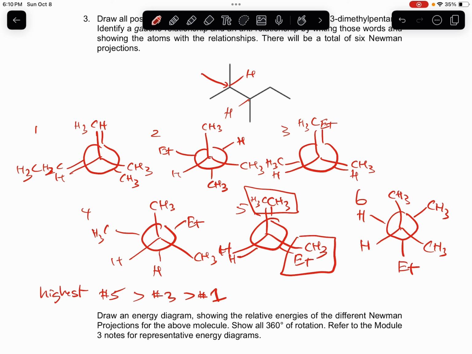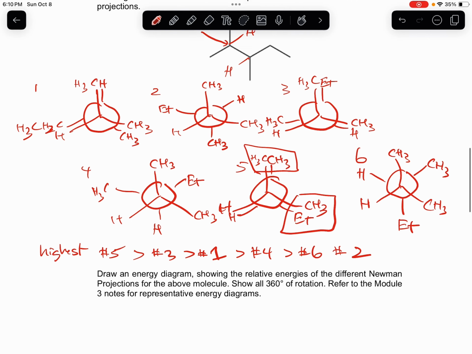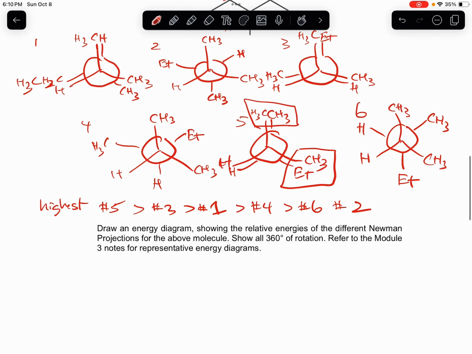Then we have, if we look at the staggered conformations, which one's the highest of these? Well, 4 and 6 all have the 4 alkyl groups with gauche interactions. But if you look at number 4, that ethyl group is in the middle, whereas in number 6, the ethyl is on the side, on the end. So that means that I'm going to put number 4, then number 6, and our lowest is going to be number 2. So this is a situation where I didn't make the highest one first.